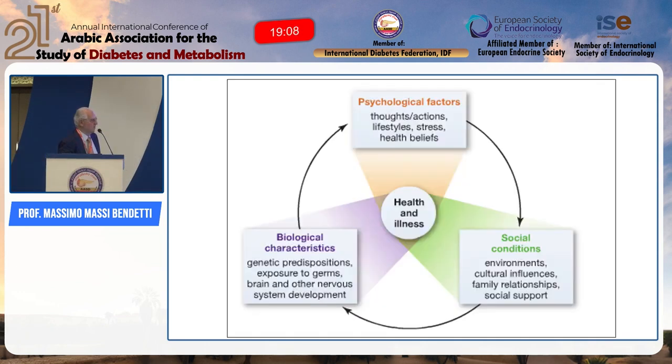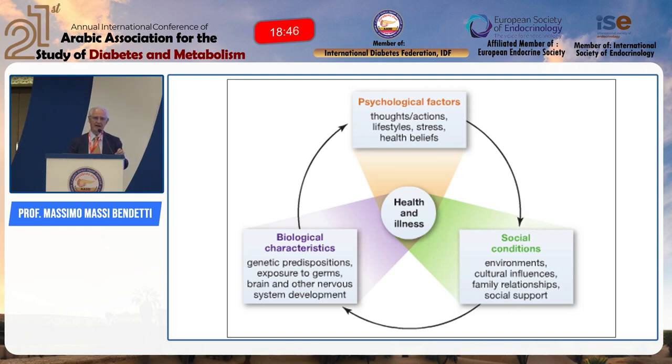If we consider health and illnesses, they are affected by three main areas of interest. The first is the biological characteristics, which are of our main interest, genetic predisposition, or what we know as clinicians.